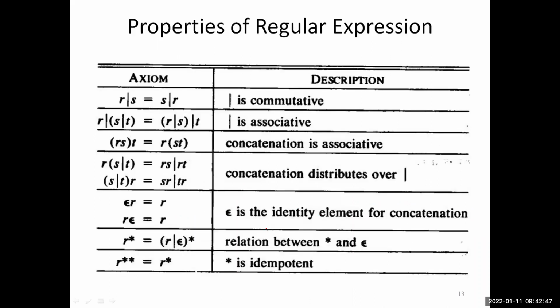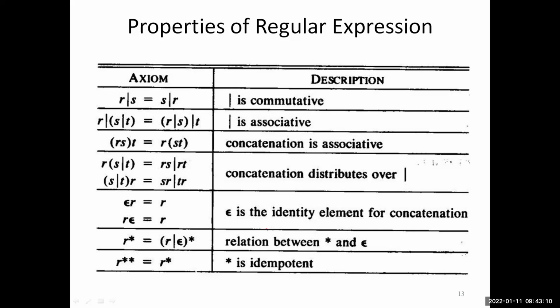I hope this was also discussed in the previous semester. If you remember, there was something called identities of regular expressions, or the properties. Just go through that. R or S is equal to S or R, so it is commutative, and then it is associative.